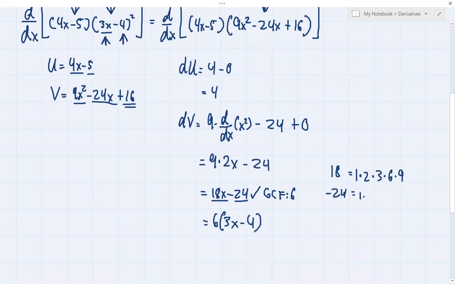si 1, pwede ring si 2, pwede ring si 3, pwede ring si 4. Okay? Kasi si 24, divisible din yan by 4. Okay? Pwede rin si 6. Okay? O, di ba? Pwede rin yang si 8. So, ano yung greatest common factor nila? Okay?